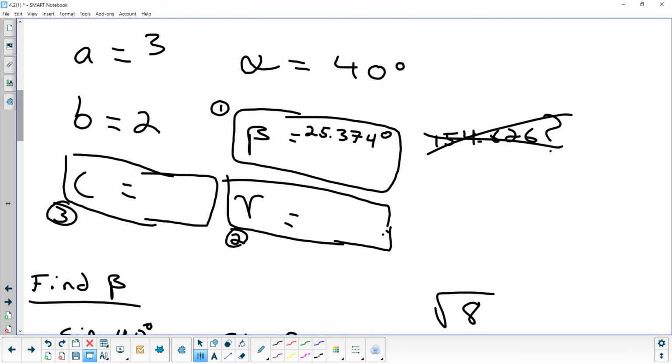Alright, so I got that. How am I going to get gamma? I already told you it's the second thing you have to do. But how can we get it? Johnny, how are we going to get gamma?